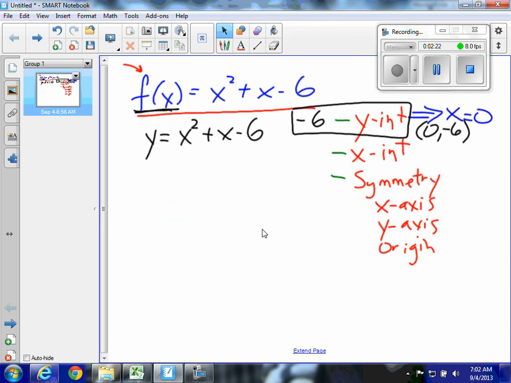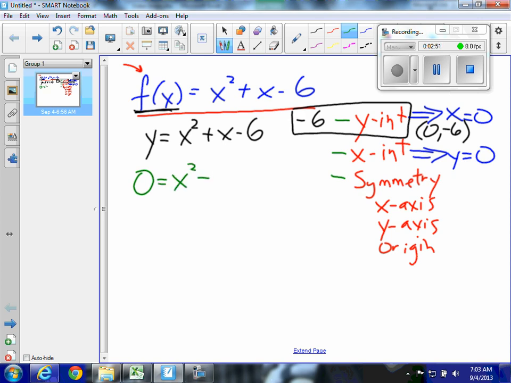What about the x-intercept? Again, looking at our little graph here, every place I might have an x-intercept, my y value is going to be equal to 0. So in order to find the x-intercept, I need to make my y equal to 0. All right, let's do that. 0 is equal to x squared plus x minus 6.